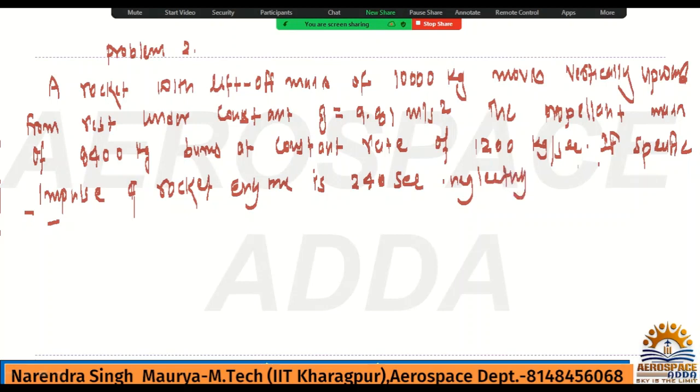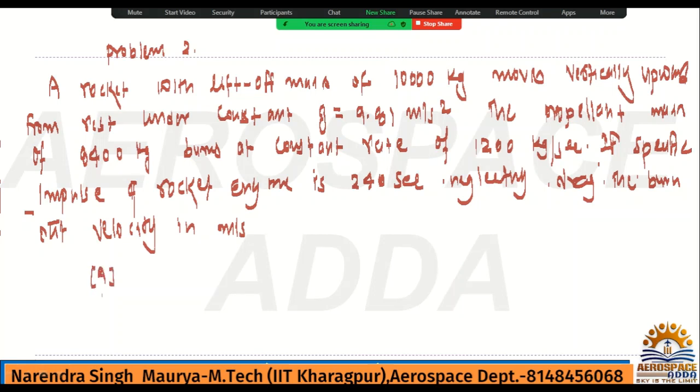neglecting drag. Okay, if they said drag, I told you what the drag loss is; here, neglecting drag. The burnout velocity in meter per second: Option A, 3933.7.